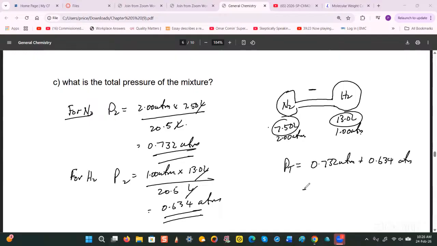So let's see what that gives. 0.732 plus 0.634. According to my calculation, this works out to be equal to 1.366 atmospheres, rounded off to 3 decimal places. And that's how that is done.